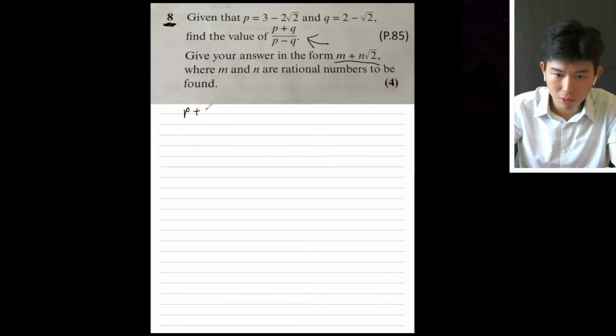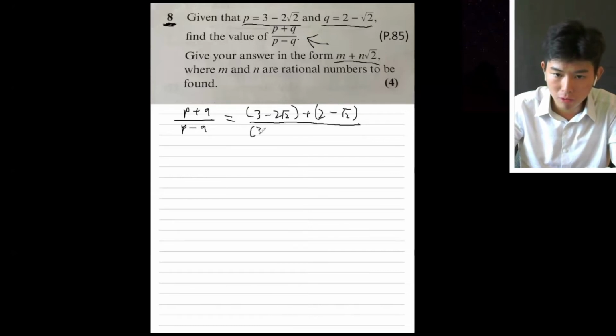So P plus Q over P minus Q would be equal to P and Q, okay? 3 minus 2 root 2 plus 2 minus root 2 over 3 minus 2 root 2 minus 2 minus root 2.